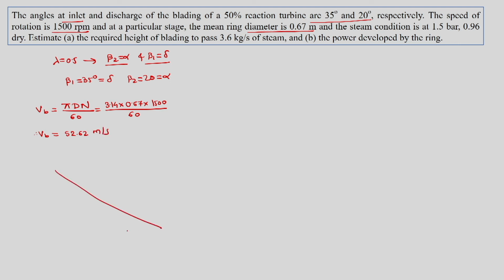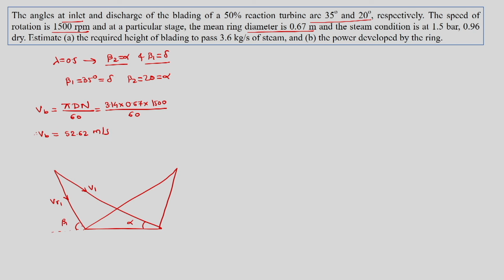Now to solve this example, we can make use of the triangle law or sine law for the triangle, where we have V1, this is VR1, and this is alpha, and then this is beta 1.